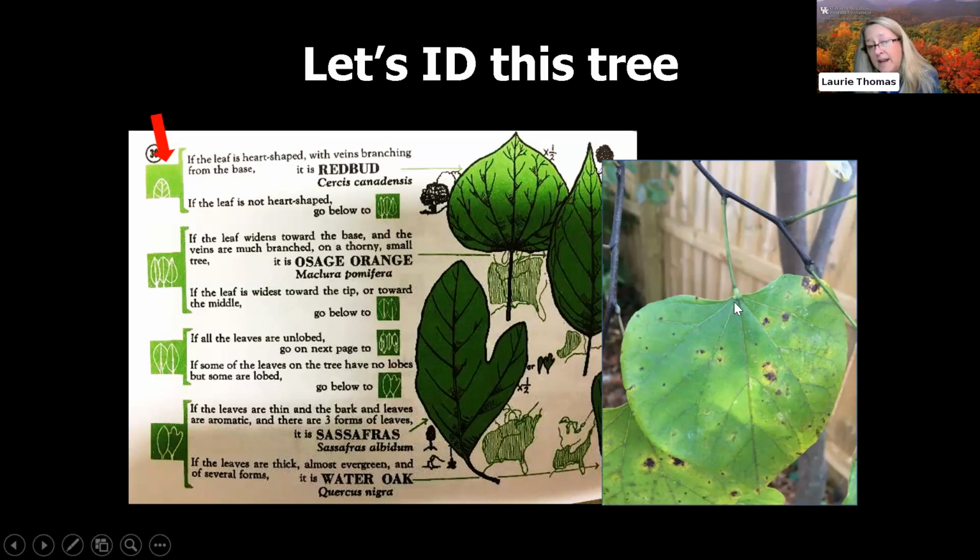We have all of our veins branching from the base of that leaf, and it looks like the example that they have the arrow pointing to, that we have a redbud, an eastern redbud, Cercis canadensis, which is its scientific name. It may have multiple different common names like eastern redbud, or something like that. Many trees do. They'll have multiple common names, but they only have one scientific name.